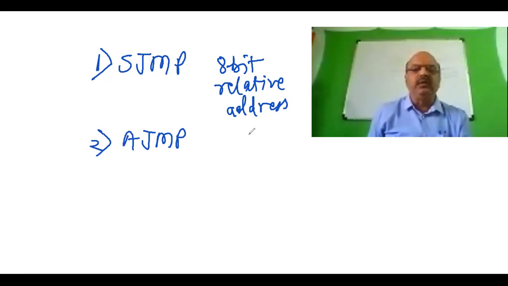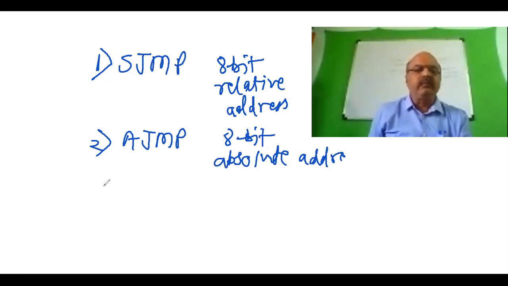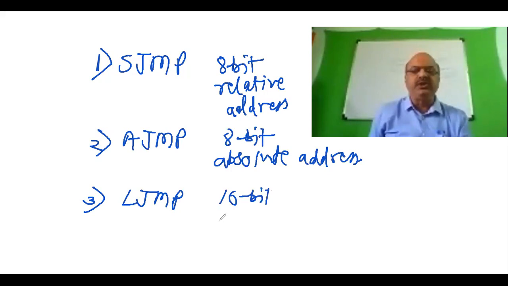Here also we give an address, but it is an absolute address, not a relative address. And the third jump instruction which we saw was the long jump, LJMP. It has a 16-bit actual address.